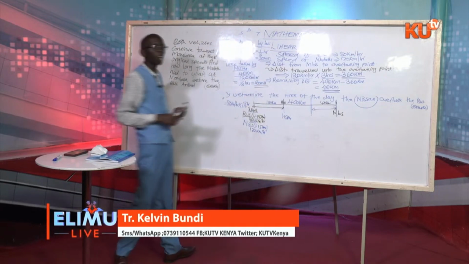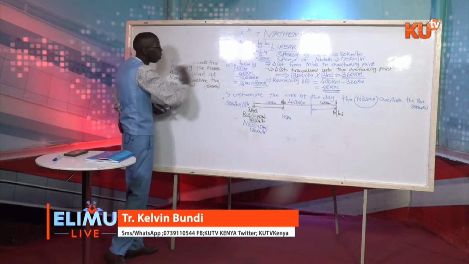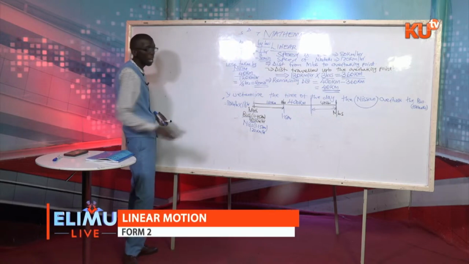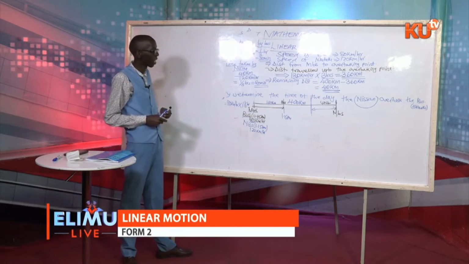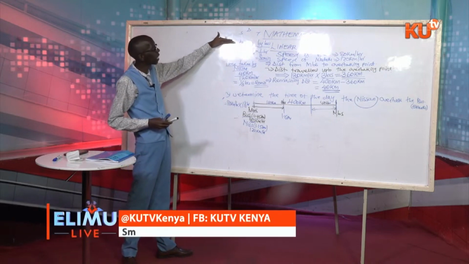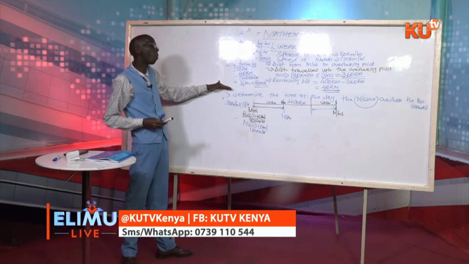So after the Nissan overtook the bus, they moved with the original speeds, and the distance that was remaining to Mombasa was 40 kilometers. So we can get the time taken by the bus to reach and the time taken by the Nissan to reach Mombasa.